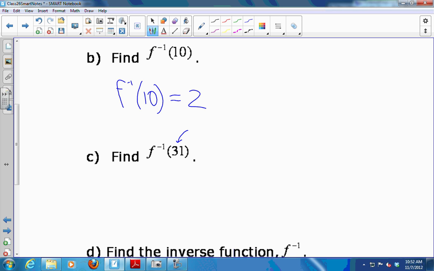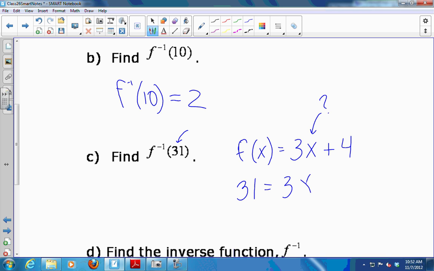What input to f will give you a 31? So here's my formula for f. I want to know what x value will give me an output of 31 in the function f.